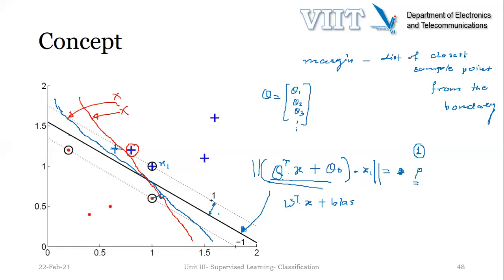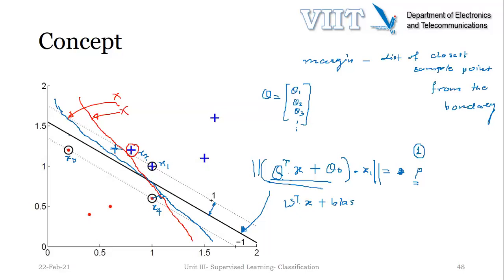Not only that, all the closest points to this are almost at equidistance from the line. So all the closest samples, like this is x1, this is x2, let's say this is x3, this is x4.